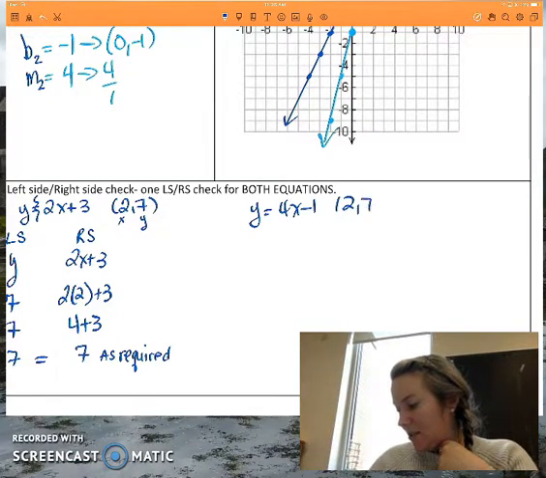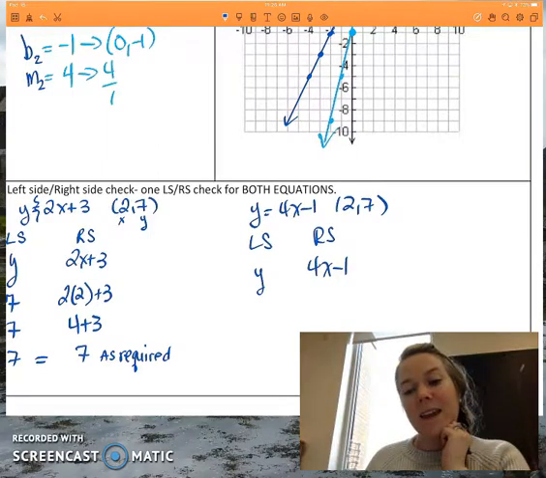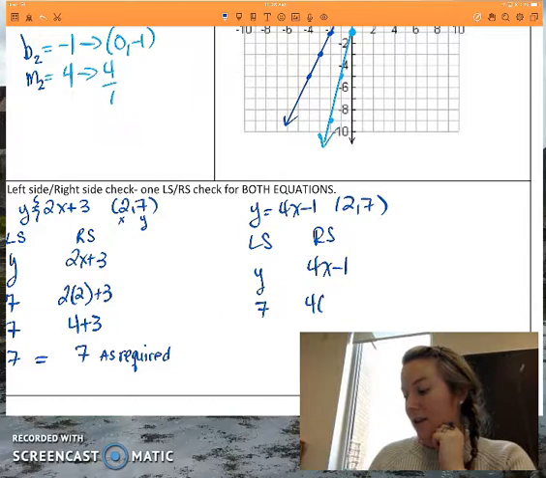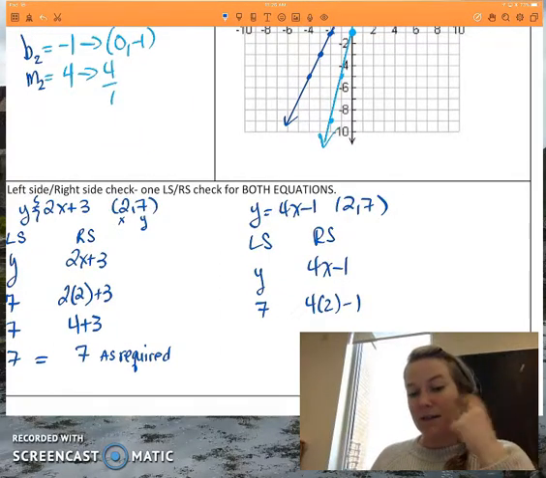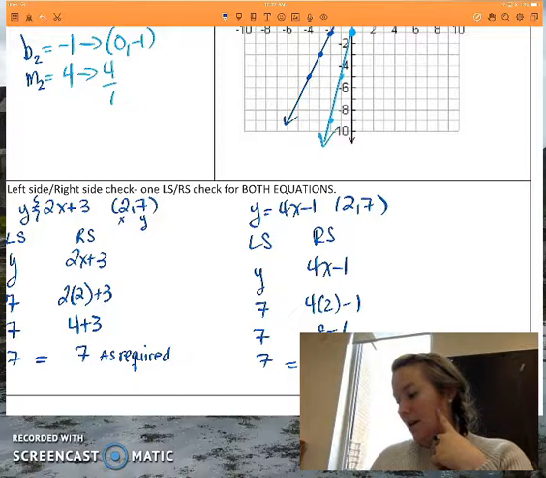I'm still testing point 2, 7. So my left side, right side is y, 4x minus 1. Then I'm going to put 7 and 2 in, replacing y with the y value and x with the x value. I get 7 equals 8 minus 1. 7 equals 7 as required.